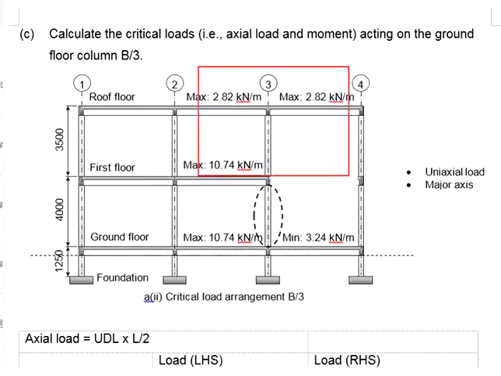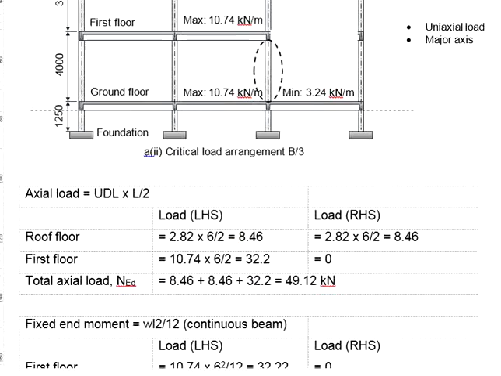Having this written down, now you're going to calculate the loads from the left hand side and the right hand side of the columns. The UDL of the roof floor times the span divided by 2, you get the loads from the left hand side. You will do the same for the right hand side.